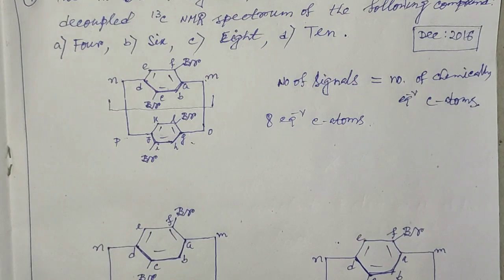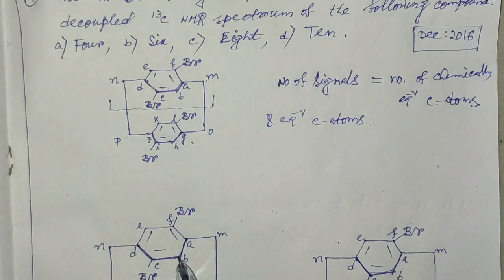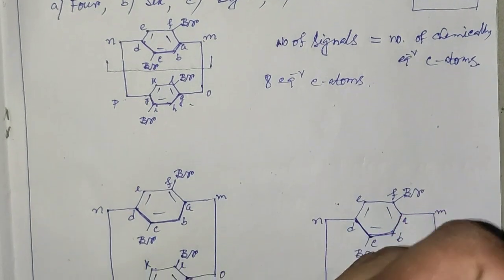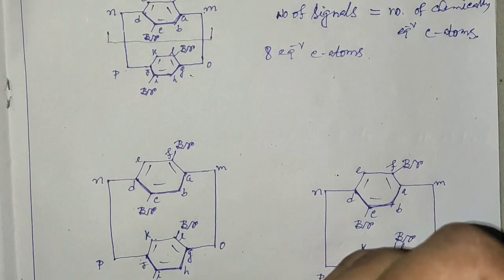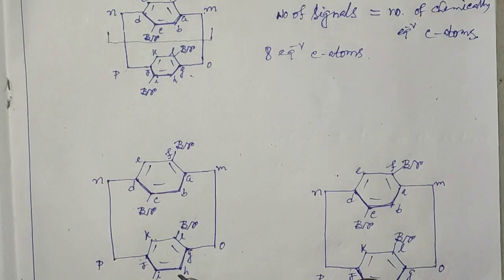Now, since the phenyl rings are not planar, since these are given as solid bonds, that means this side is somewhat tilted above the plane and it is towards you. Similarly, for this phenyl ring also, this portion is somewhat tilted towards you.